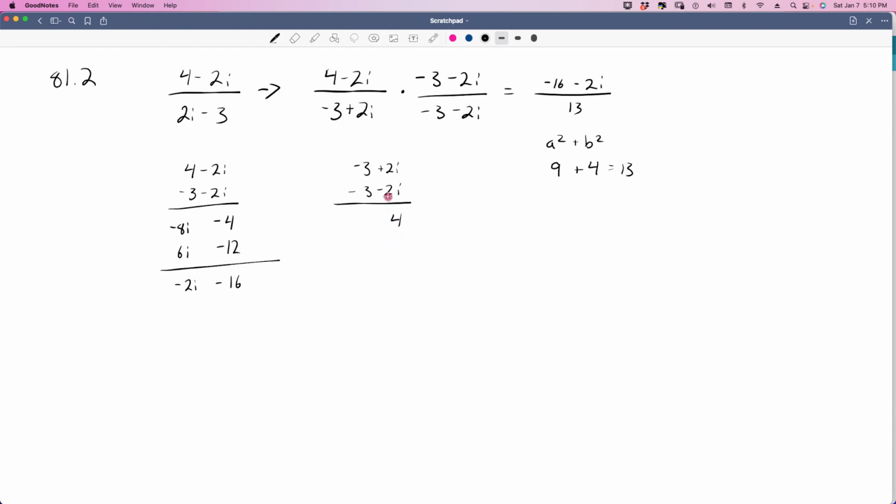So negative 2 times negative 3, that's going to be a positive 6i, negative 6i, positive 9. These cancel. These make 13. 13 is the denominator. So we predicted that to be correct by using a squared plus b squared as our format.